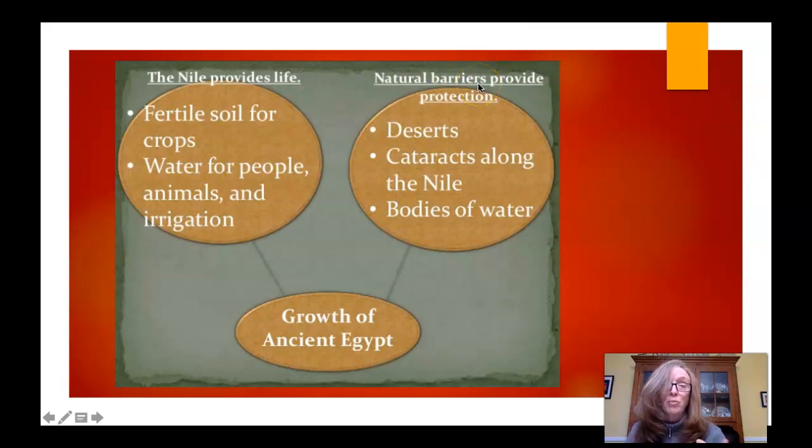Those natural barriers provided protection so that those civilizations could grow stronger and coalesce and develop. And those natural barriers were deserts, the cataracts or the waterfalls along the Nile, and then the bodies of water such as the Mediterranean Sea and the Red Sea. These two concepts helped the growth of ancient Egypt. So make sure you understand these two concepts that the geography provided: the Nile River, which provides life, and those natural barriers that provide protection.